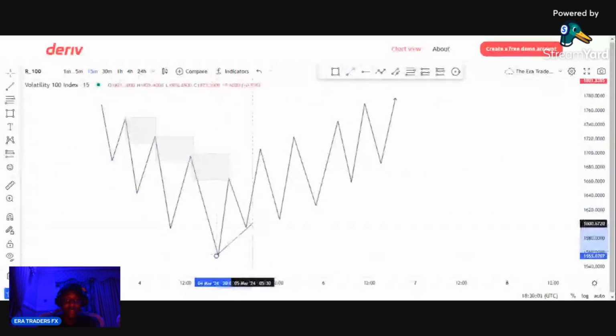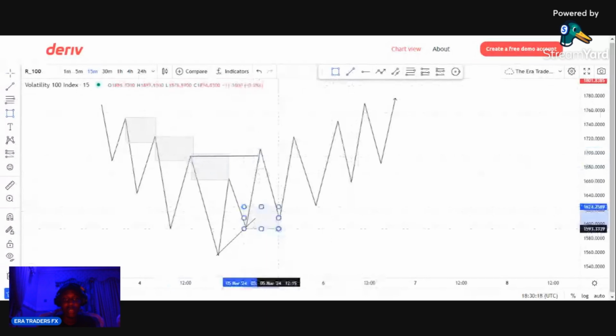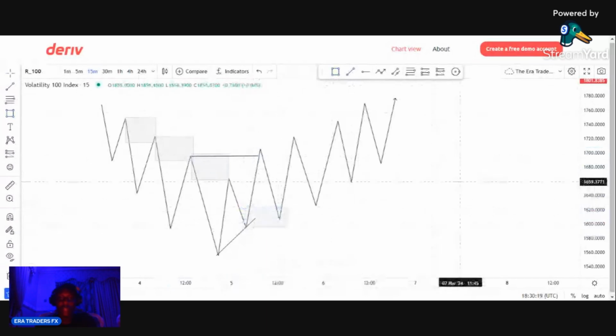All right, failure swing, forming a new higher low, forming a new higher high, causing a change of character to the upside. Then we'll say that this market has formed a supply to demand flip. All right, so we will be buying from this zone to this up.